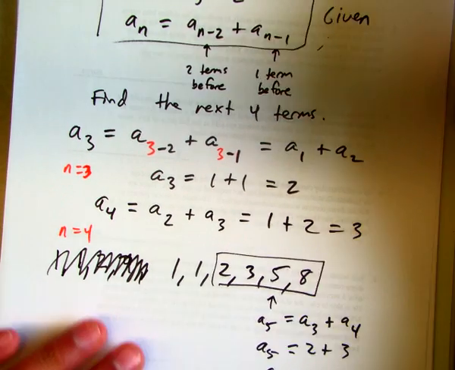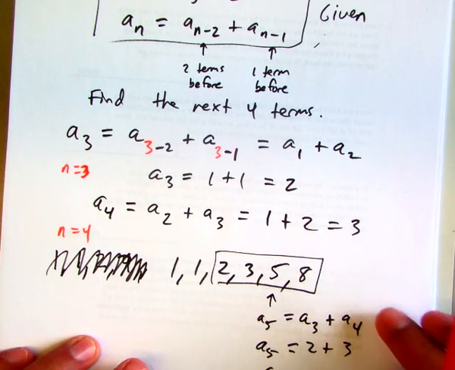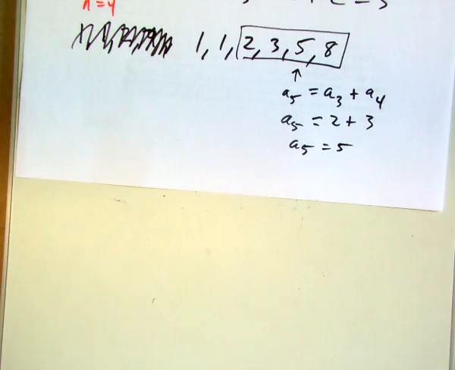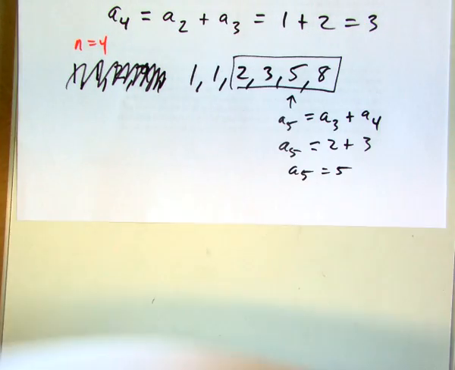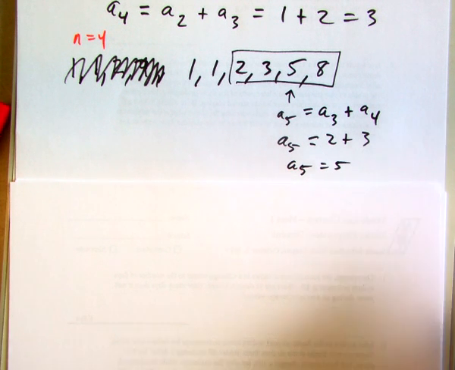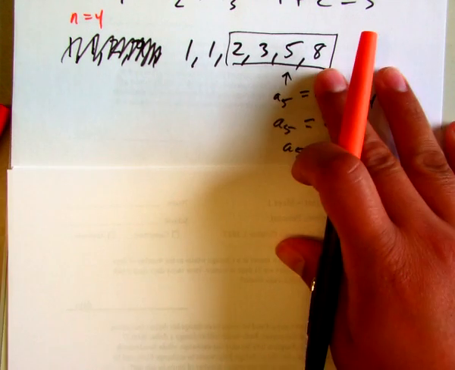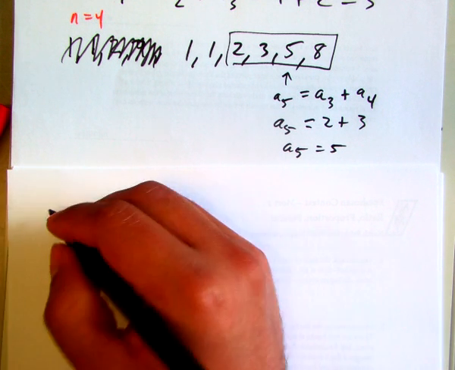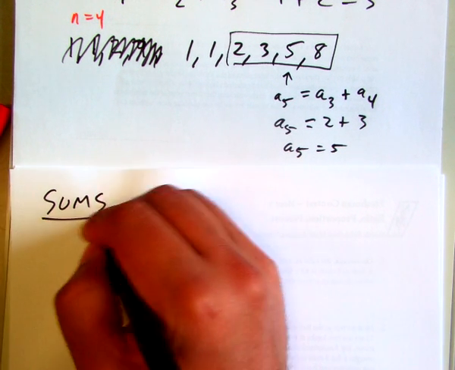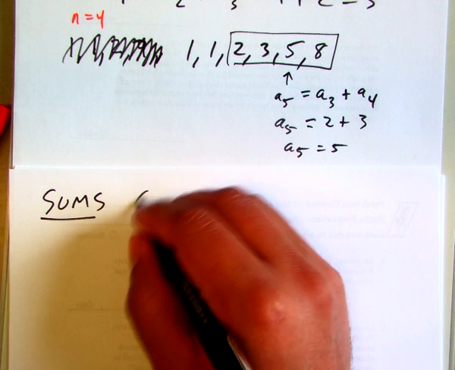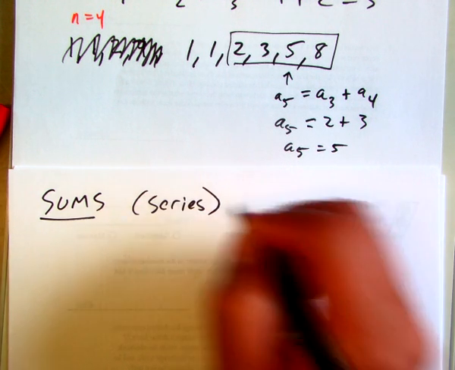All right, now we'll talk a little bit about series and the notation that you're going to be asked to get comfortable with. So there's two types of sums or series. That's really the same thing.